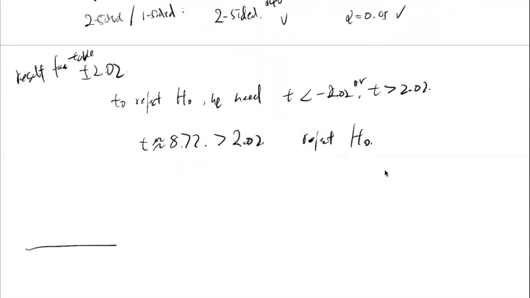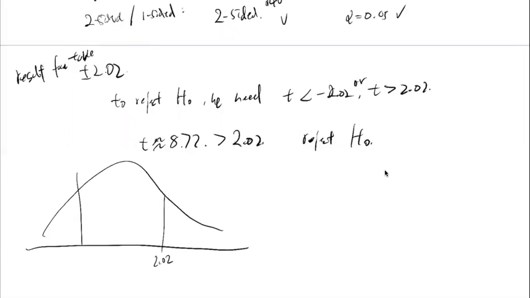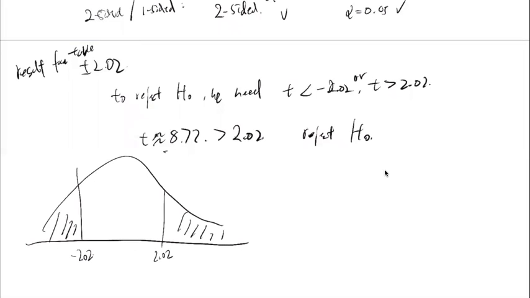On a graph, we have a distribution with critical values at 2.02 and negative 2.02. This is our rejection zone. We can reject on the left-hand side or the right-hand side. Clearly our t-statistic is on the right-hand side, in the rejection zone. So we reject our null hypothesis and conclude that the ICU patients' heart rates are unusual.